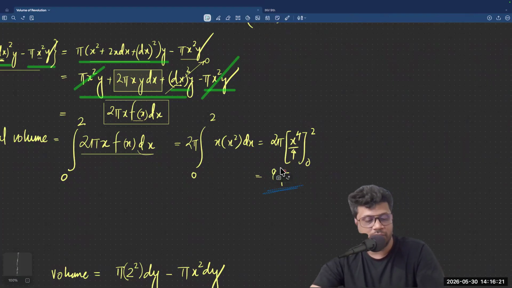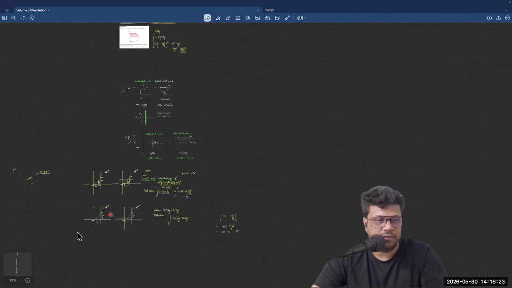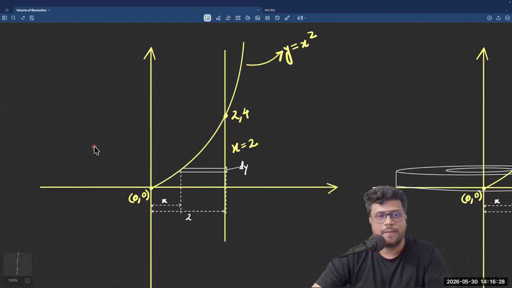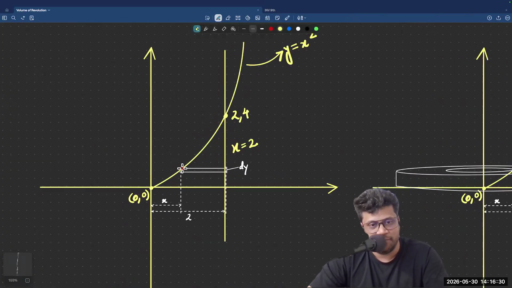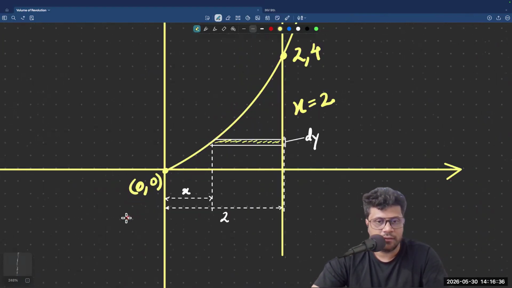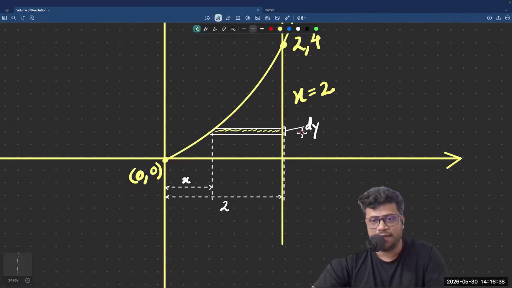Well, there is another way of approaching the same area. What we do is take the strip parallel to the x-axis this time. And now you see the width of the strip is dy.